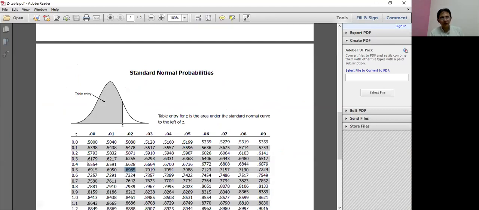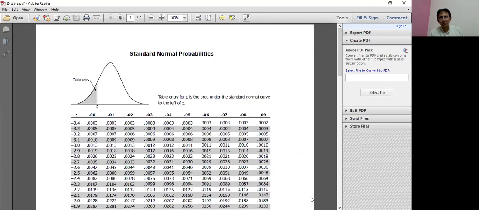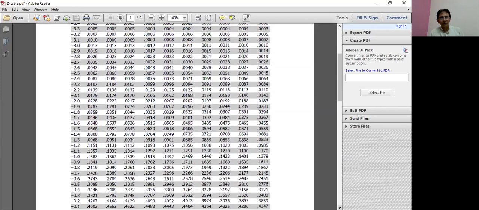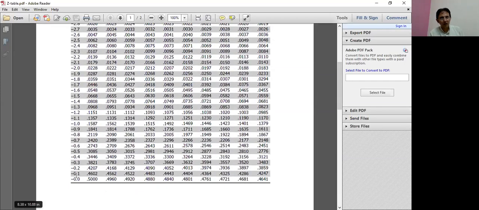Minus 0.18 in the first page of Z table, minus 0.1. So minus 0.18, it means the last column, 0.4286. 0.1, it is 8, the ninth column, it is 0.08.